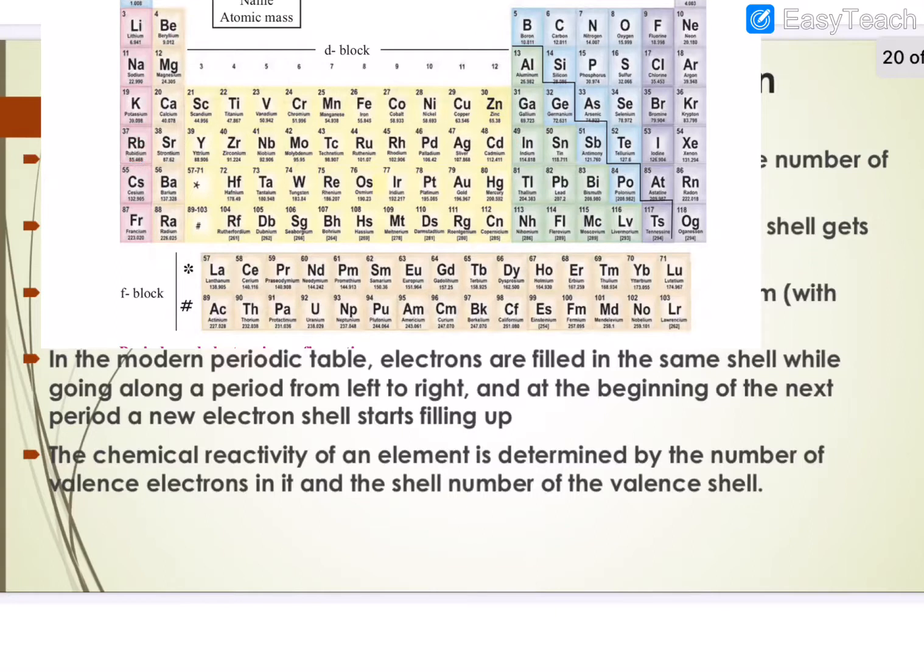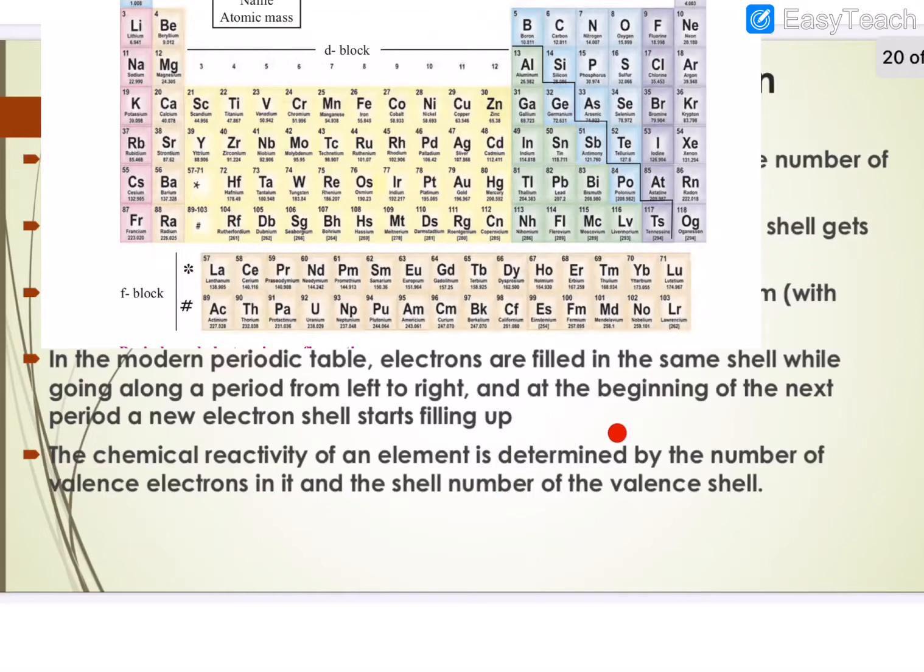So likewise, an increase happens when going from one period to another, but inside a period from left to right there is no increase in the number of shells, while inside a group there is an increase in the number of shells. The chemical reactivity of an element is determined by the number of valence electrons in it.